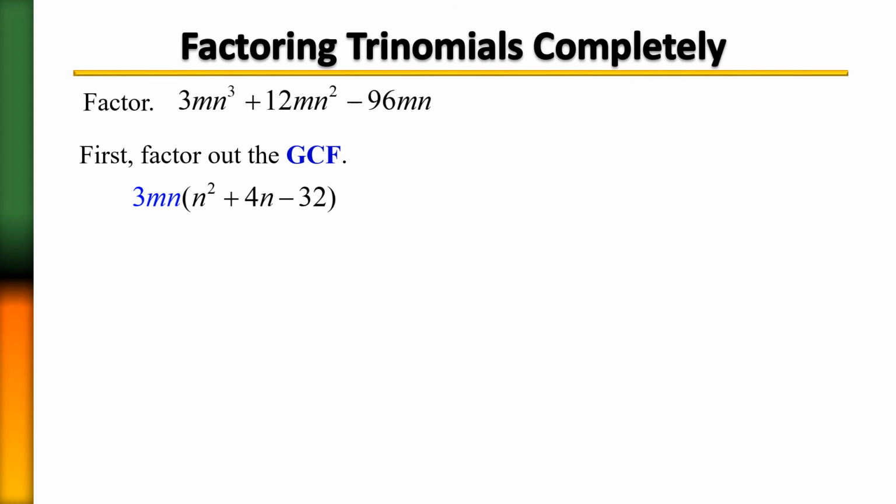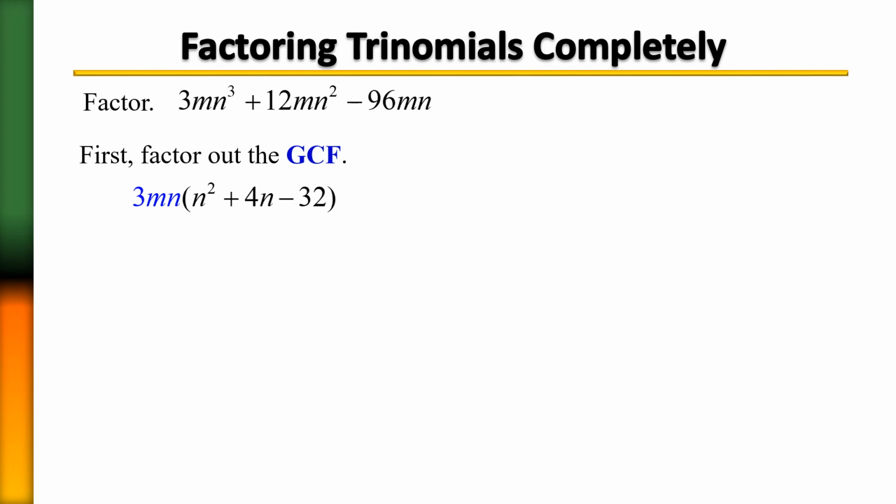And now that we factored it here, we have a trinomial. Whenever you see a trinomial left with the first term being a squared term, and then you have a number multiplied with a variable, and you have a constant number as the last term, that is probably a clue that the trinomial can be factored further.